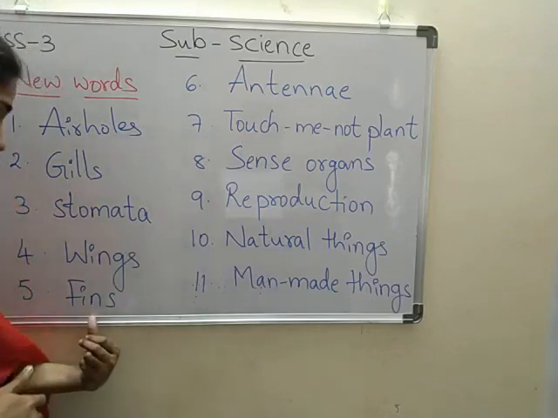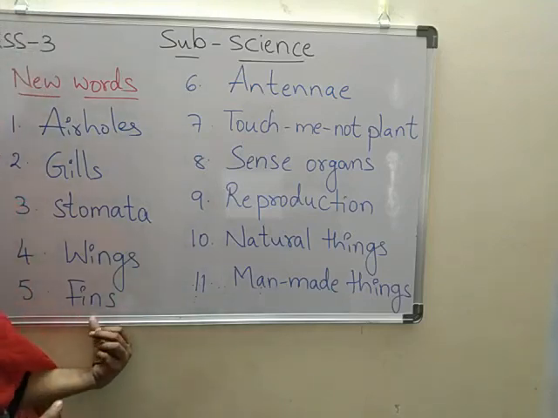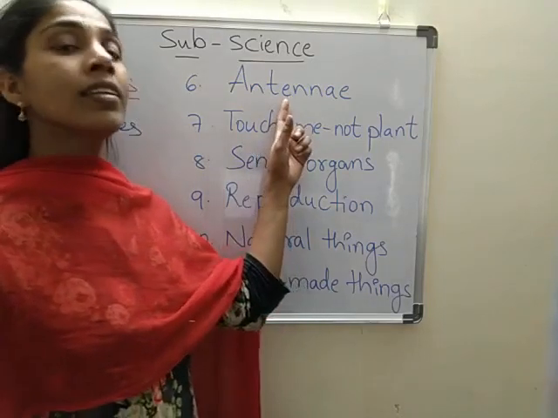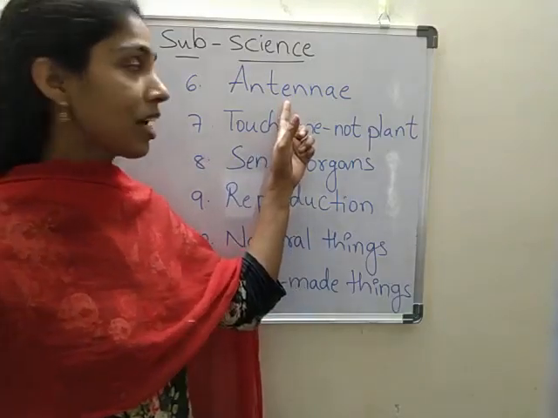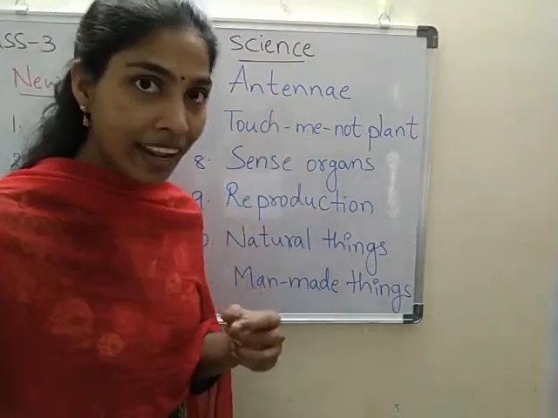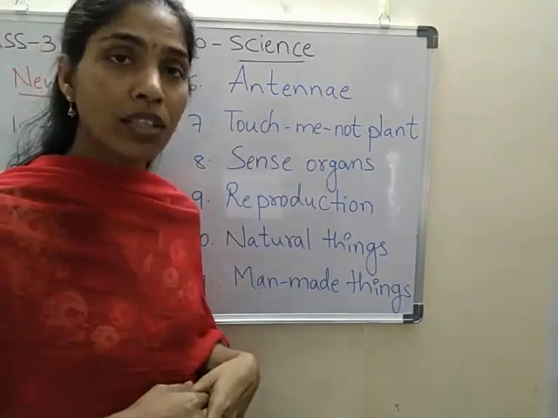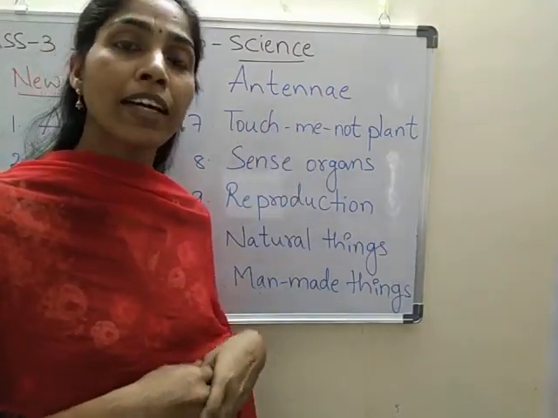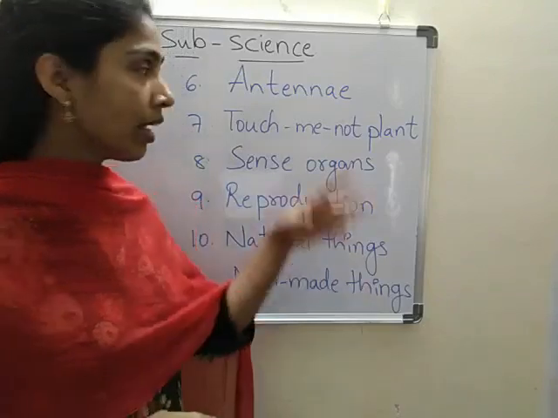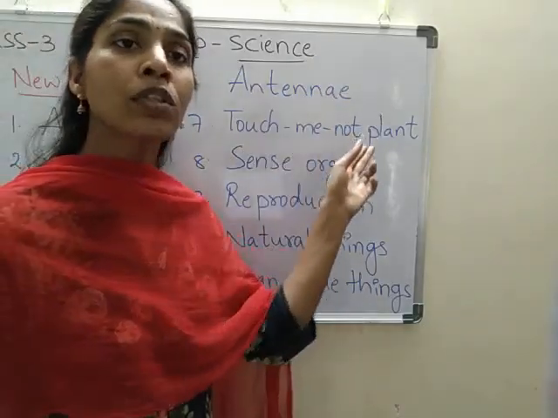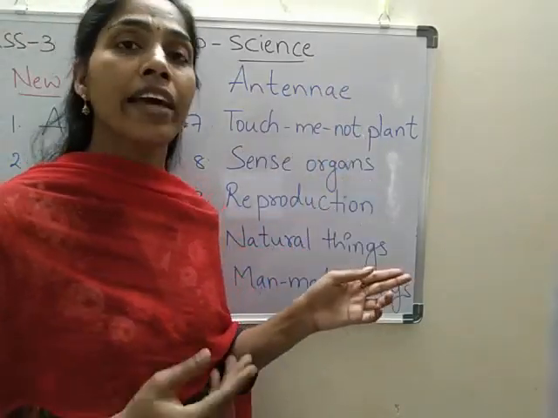Okay, what we call fins. Okay, next. What is this children? Please try to pronounce this. Antennae. What we call? Antennae. So these are the body parts, okay, of the butterfly and cockroach. Okay, these help them to feel changes around them.